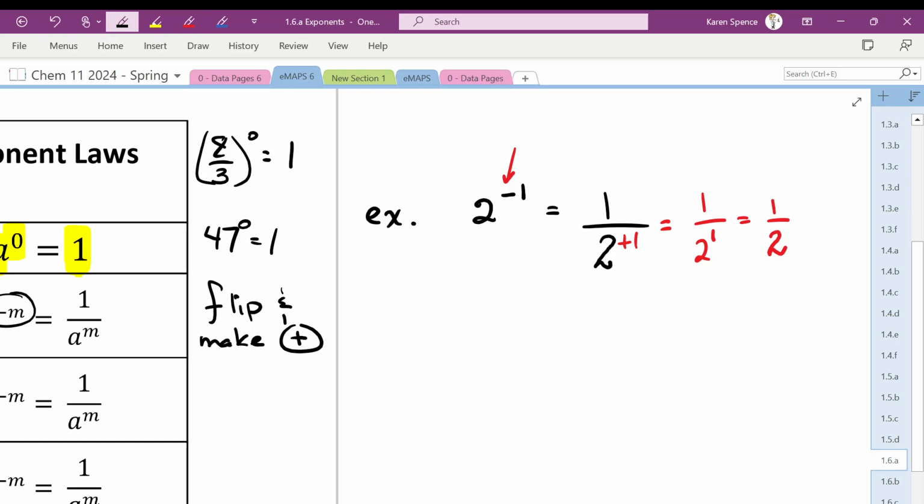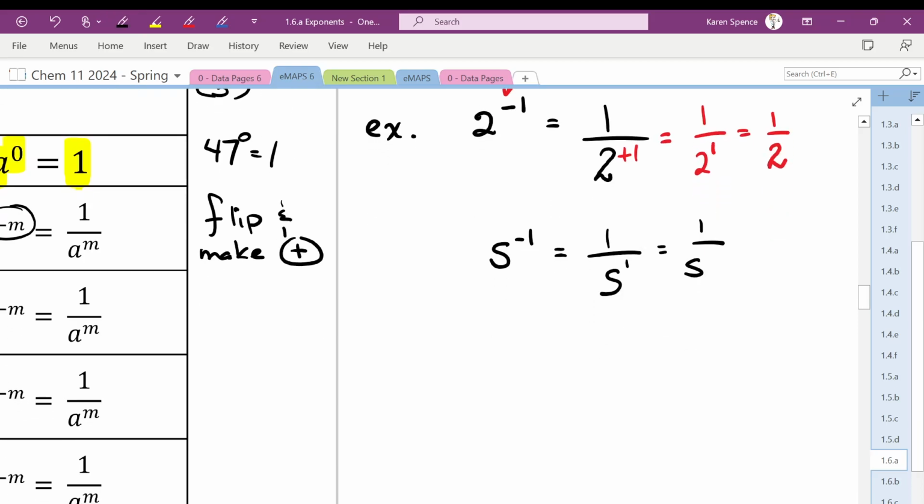We can do the same thing with a unit. Seconds to the negative 1. Well, if I have a negative exponent, I can take the reciprocal, 1 over seconds, and raise it to the positive 1. So that just becomes 1 over seconds. What if we had minutes to the negative 2?